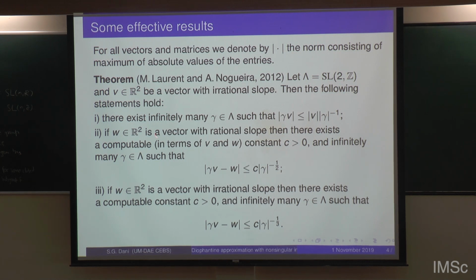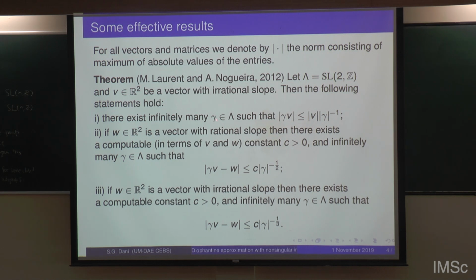So one of the effective results that is known is a theorem of Michel Laurent and Arnaldo Nogueira. Notice that this is a particular case of something that we were discussing already. Take Lambda equal to SL2Z and take V in R2, then the following statements are true.